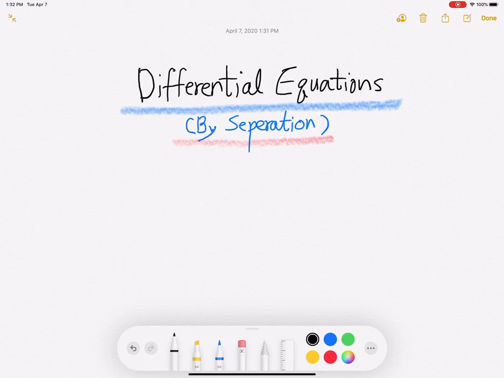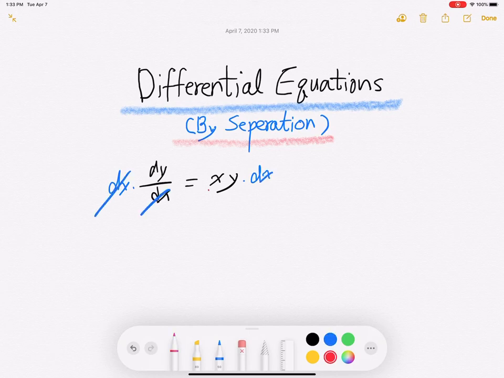Okay, what about this? dy over dx is xy. And then they ask you to solve this differential equation. Separation means gathering the x function and dx together, and gathering the y function and dy together on the same side. So I will multiply by dx on both sides, so this dx cancels out, right?